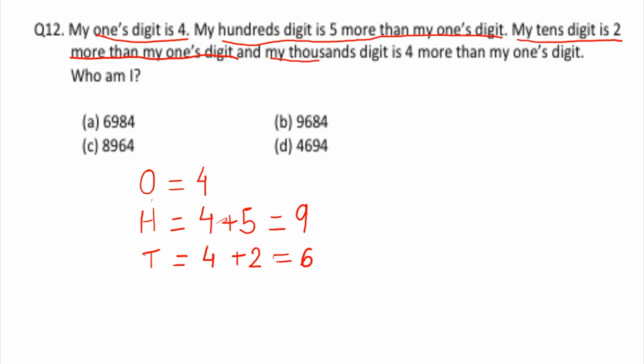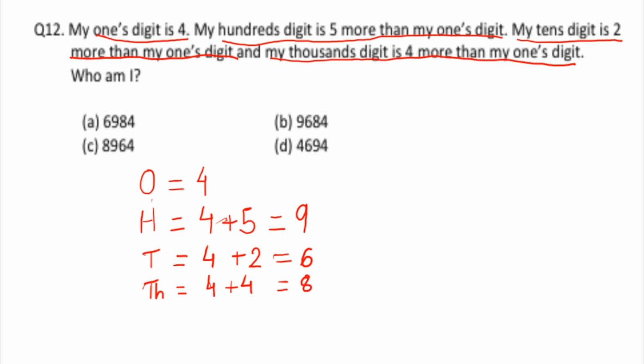And my thousands digit is 4 more than my ones digit. So ones digit is 4 as we know, and 4 more gives 4 plus 4, which is 8.